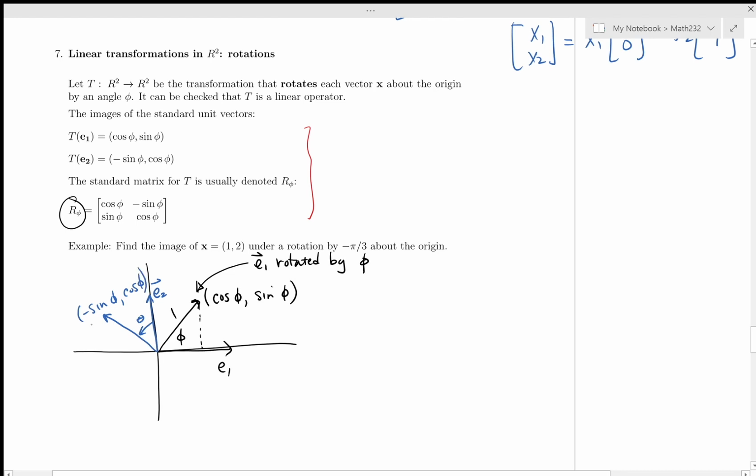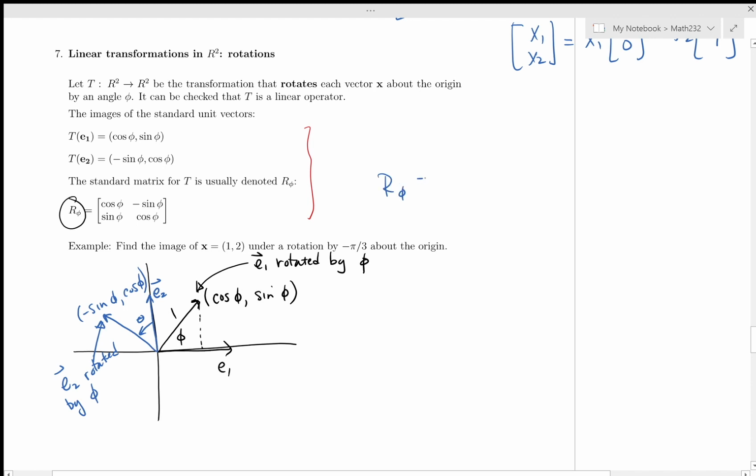So this one here that I've identified by minus sine phi, cos phi, that is E2 rotated by phi.